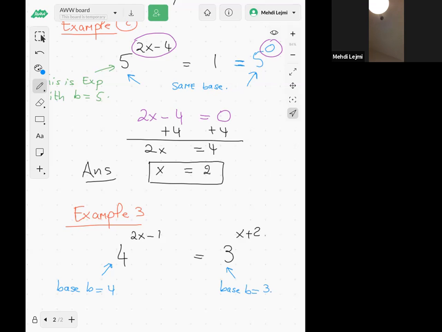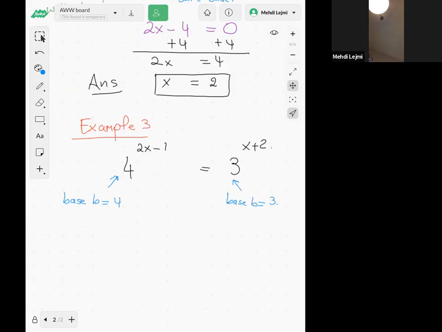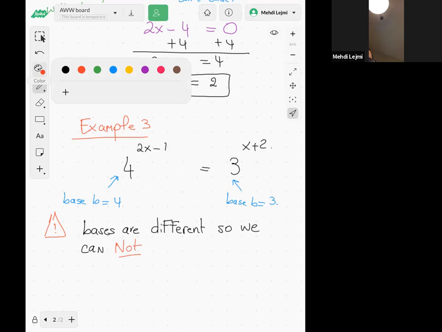So here we need to be careful. One is base 4, the other one is base 3, so we cannot say that the exponents are equal.